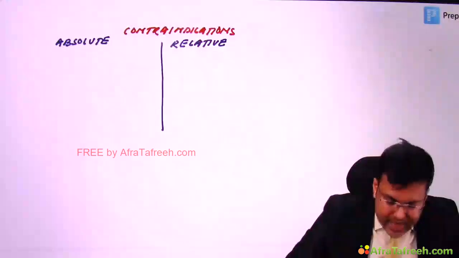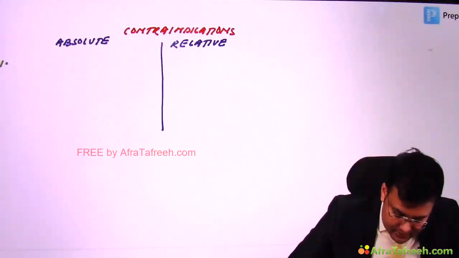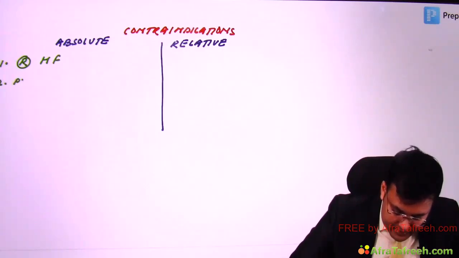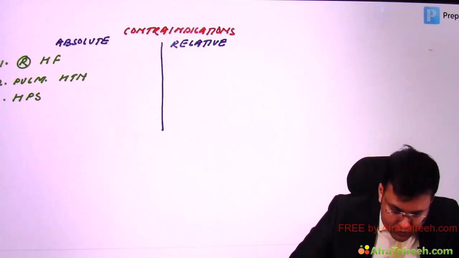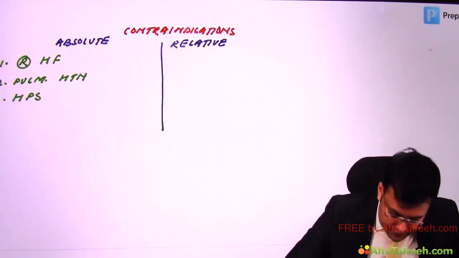Clear? So what are the absolute contraindications? First, right-sided heart failure. Second, pulmonary hypertension. Third, hepatopulmonary syndrome. And fourth, polycystic liver disease. Why?